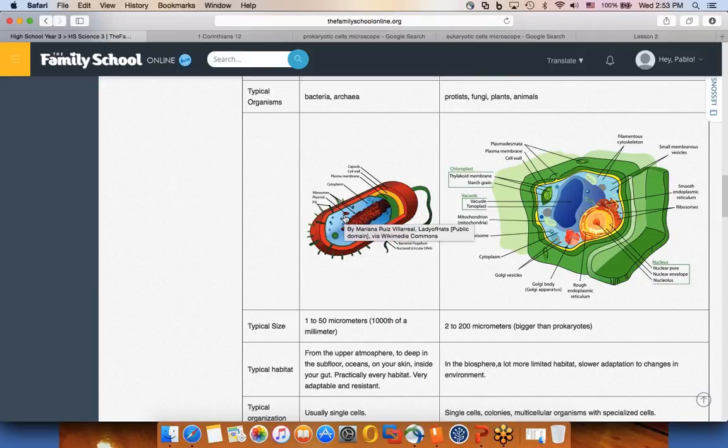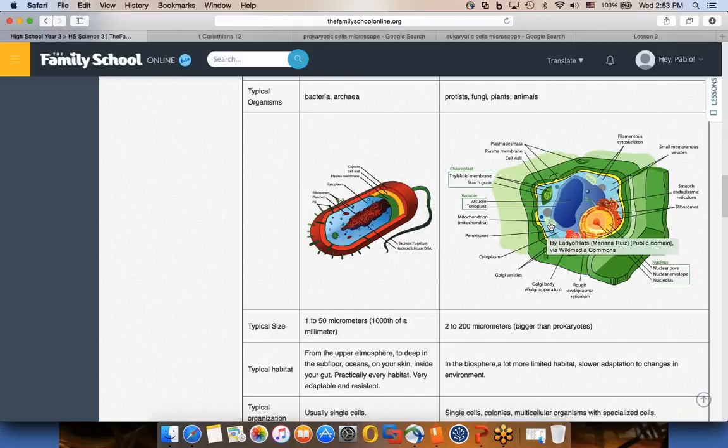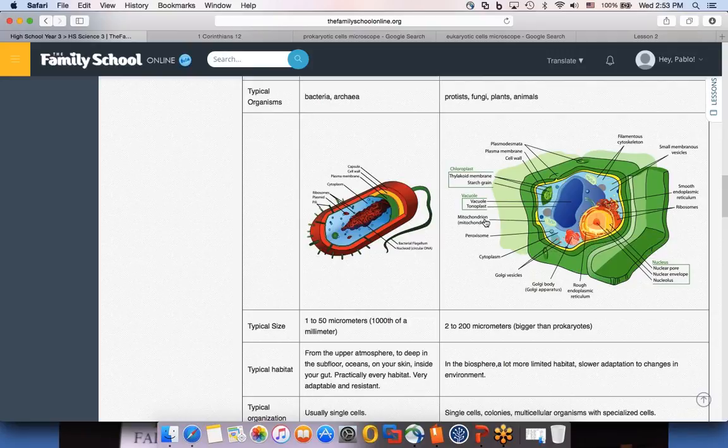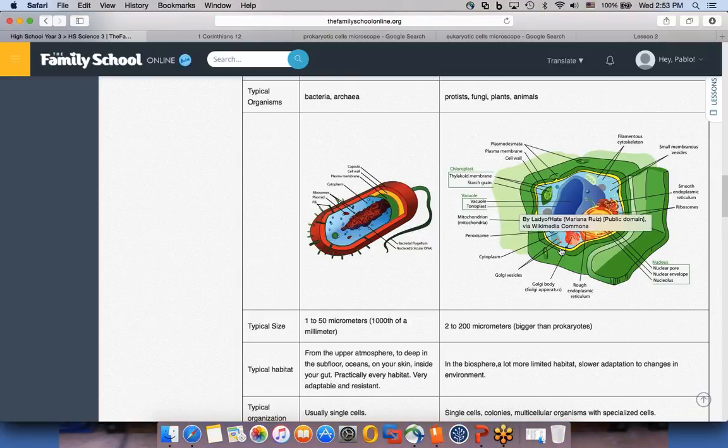Okay. Imagine that they are so large that there are some scientists that think that some of the organelles within the eukaryote cells, like the mitochondria, are actually prokaryote cells that were eaten or engulfed within the eukaryote cell.